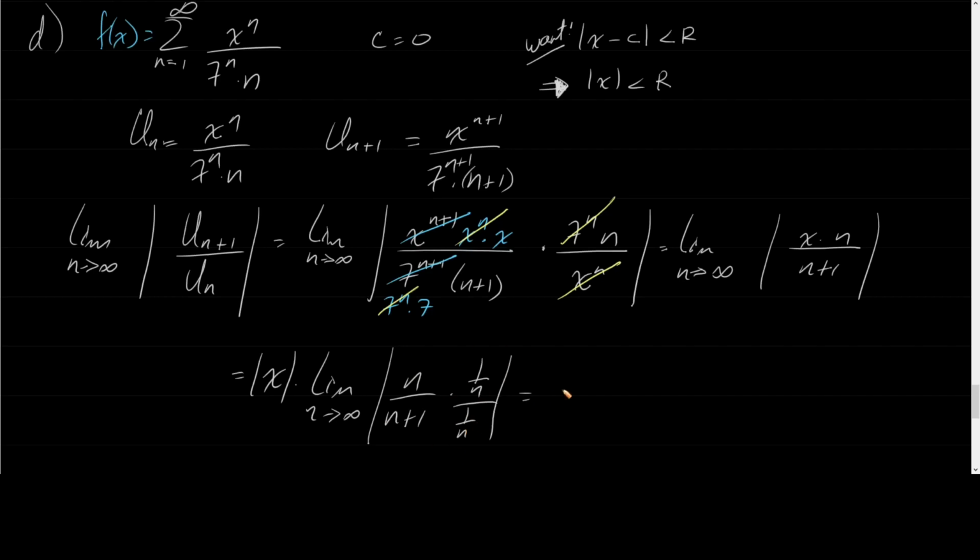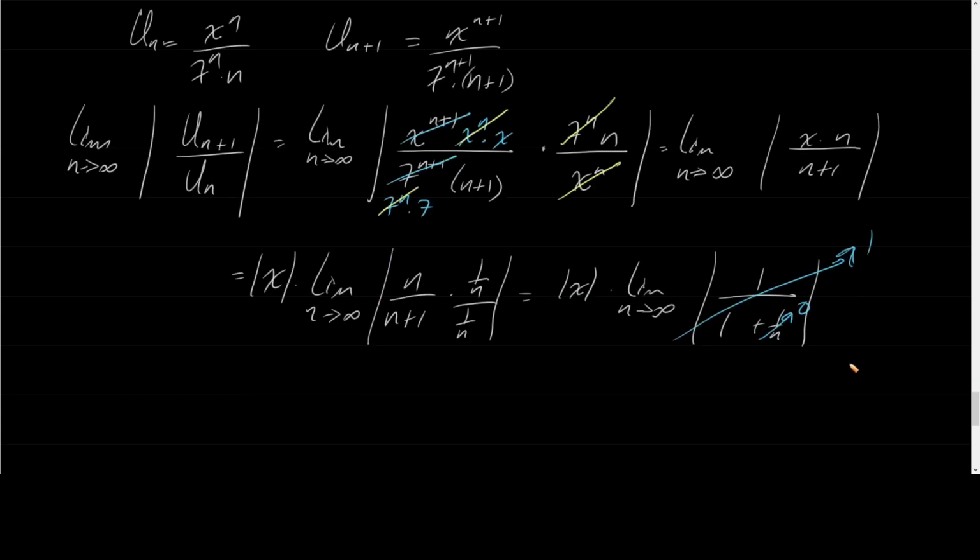So here we have the absolute value of x times the limit as n goes to infinity of the absolute value of, well, n times 1 over n is just 1, and 1 times 1 over n is 1 over n. Since n is going to infinity, 1 over n goes to 0. So overall, this entire thing goes to 1.